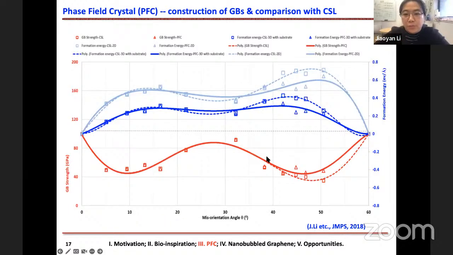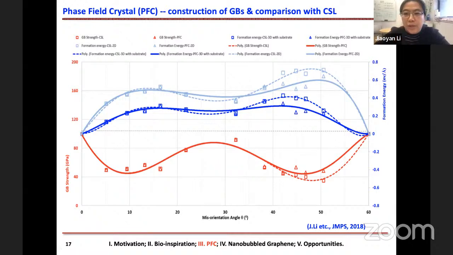Therefore, we compute the potential energy for the two different dislocation patterns, the clustered dislocation and the dispersed dislocation. We compute the formation energy for both a 2D problem and a 3D problem.